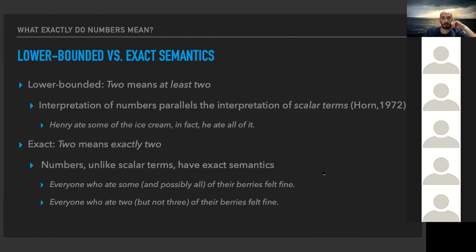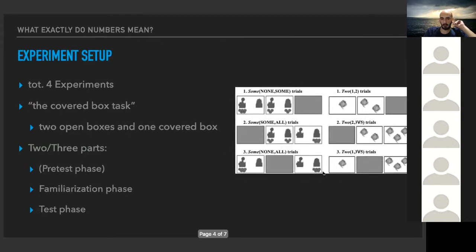All right, so now to the interesting stuff. In total, there were 4 experiments made. All of them shared the same format, which we call the covered box task. It sounds more mystical than it is. So what does it mean? It's pretty simple.